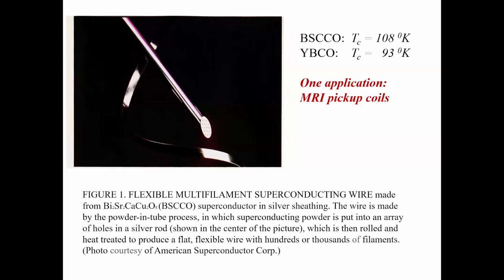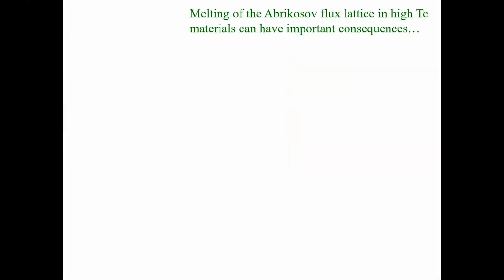They're typically at high pressures and maybe not necessarily so useful. These are the TCs of BSCCO and yttrium barium copper oxide. They are used, I believe, in magnetic resonance imaging pickup coils. They're very low noise and they can pick up very tiny signals and give you high resolution. So it's kind of a niche application of them.